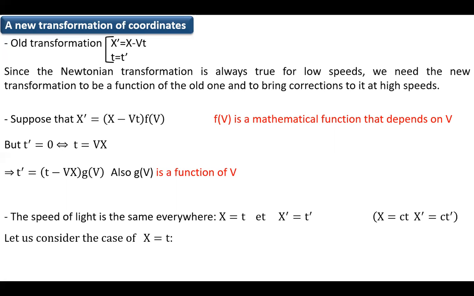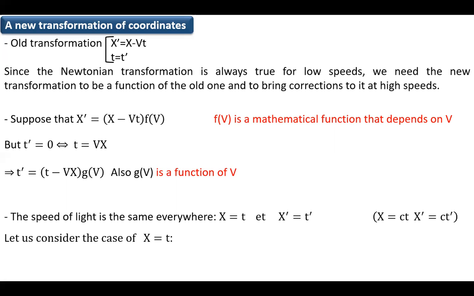For speeds that are very close to the speed of light, especially for light itself at the speed c, we see that the Newtonian transformation fails to describe the motion. Since it is always true at low speeds, our new transformation should not be completely different from it.